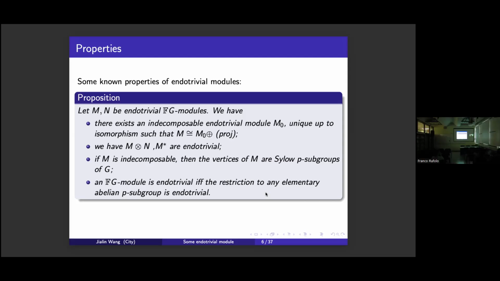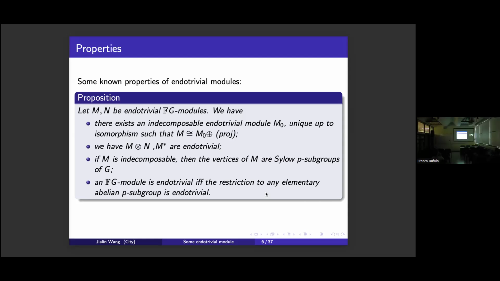Okay. So determining vertices and sources of indecomposable modules is a tool to reduce the question of studying indecomposable modules for FG to studying indecomposable modules for p-groups. I see.